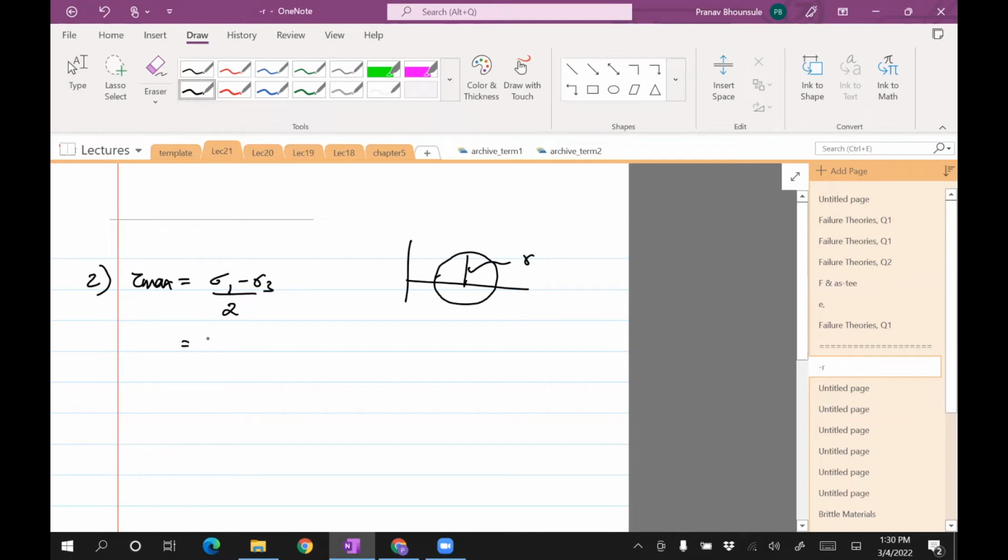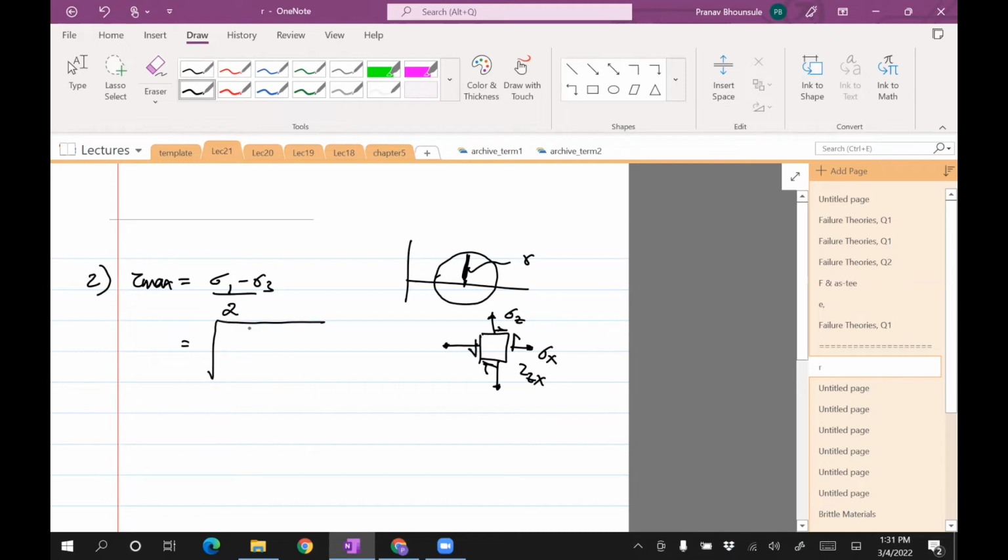So we can compute the principal stress now because we know the three stresses. You know sigma x, you know sigma z, and tau zx. So knowing all these, we can find sigma 3, or we can use the fact that that formula is already there for shear stress.